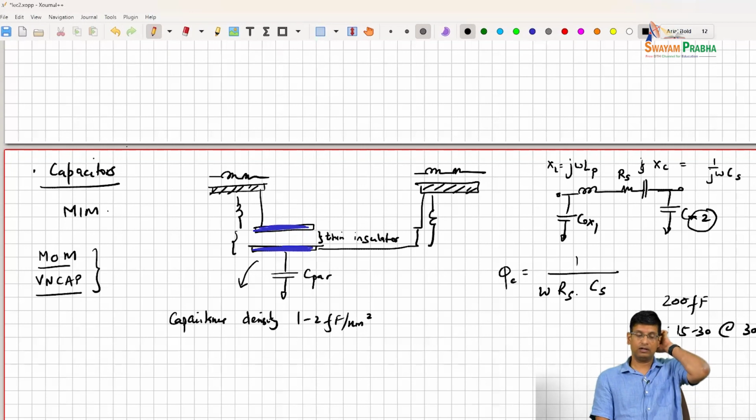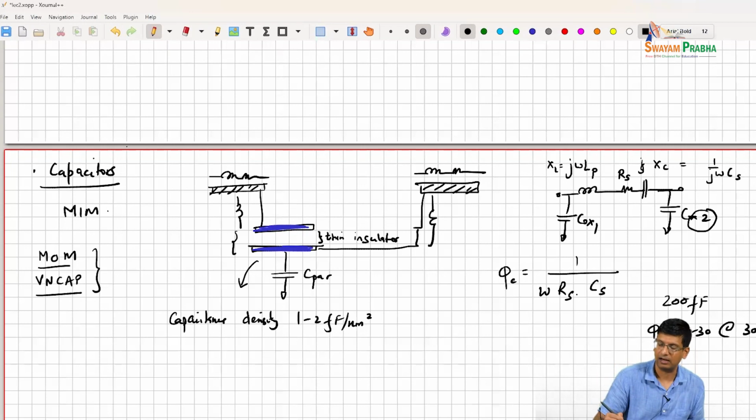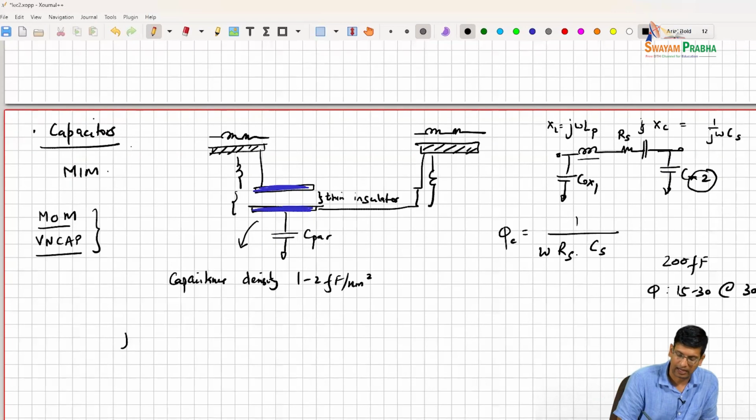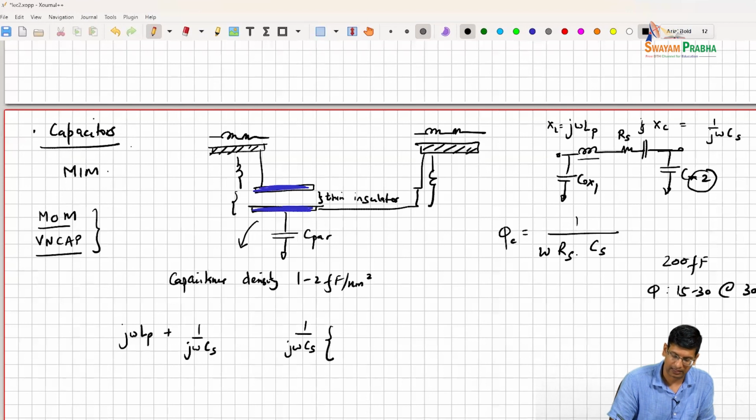You can then see clearly, if I think about this again, I have Z as j omega LP plus 1 over j omega Cs, or I can write it as 1 over j omega Cs times (1 minus omega squared LP Cs).